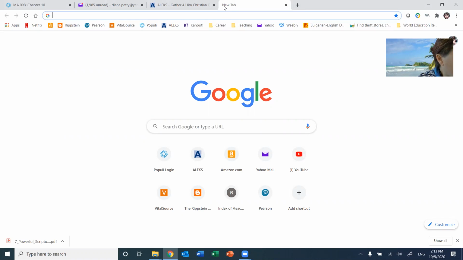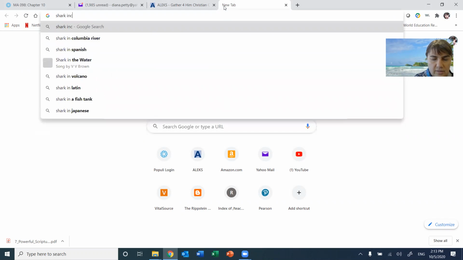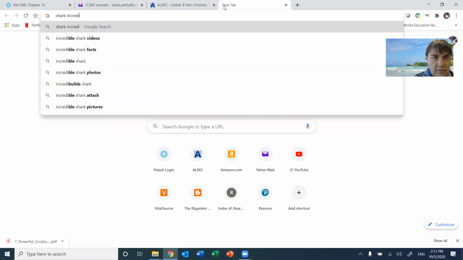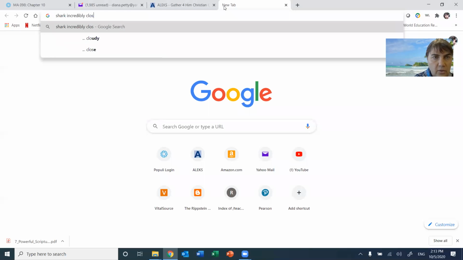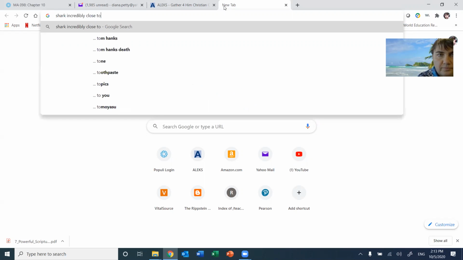Oh, I don't even know. Oh yeah, it's a shark incredibly close. I need to click on it too. Tom Hanks, incredibly close to swimmers in Hawaii.